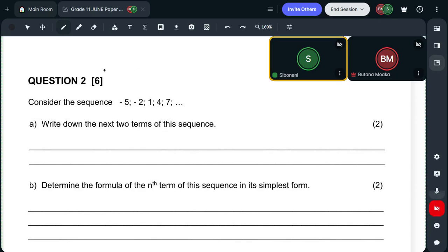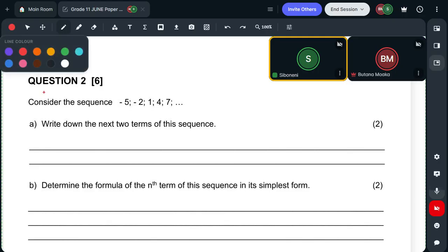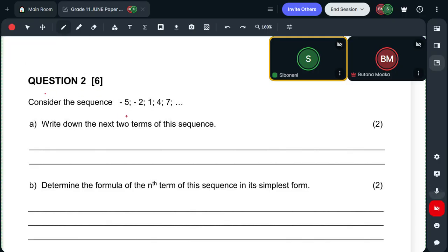So they say consider the sequence -5, -2, 1, 4, 7. Write down the next two terms of this sequence. First things first, we need to analyze the sequence and find the difference between the terms. So what is the difference here?